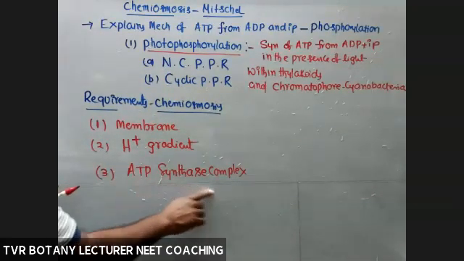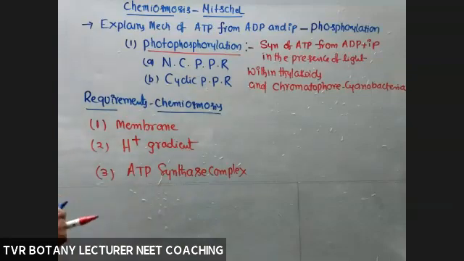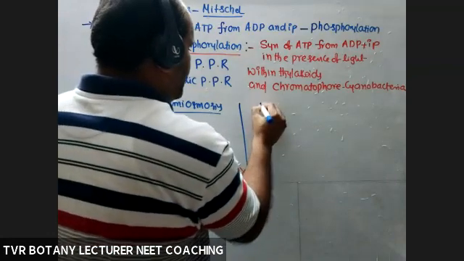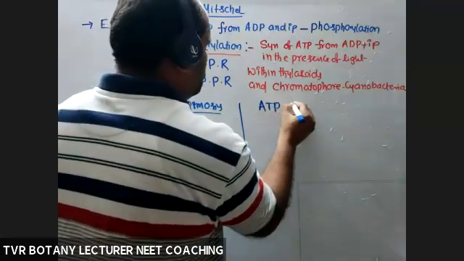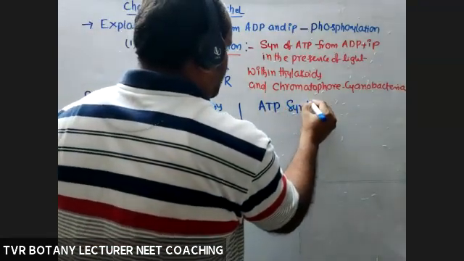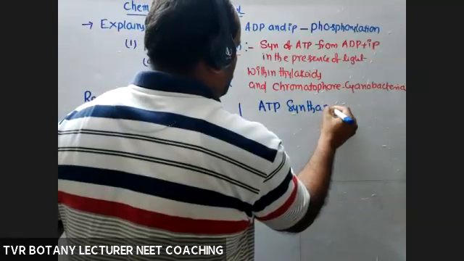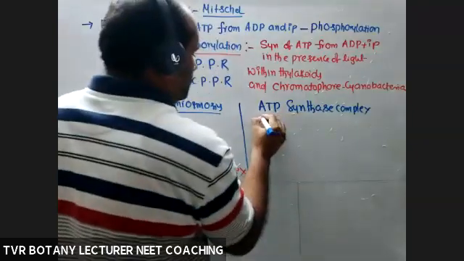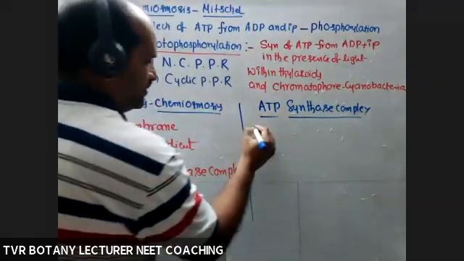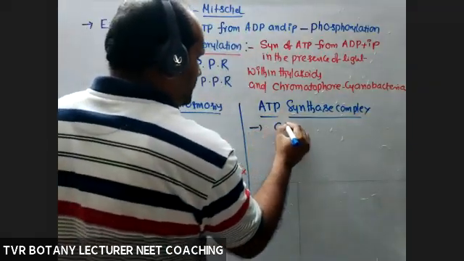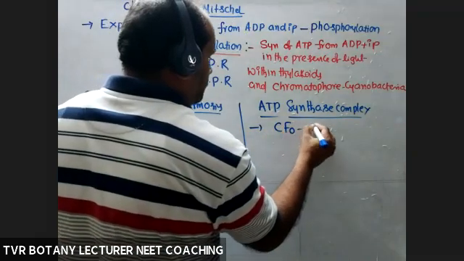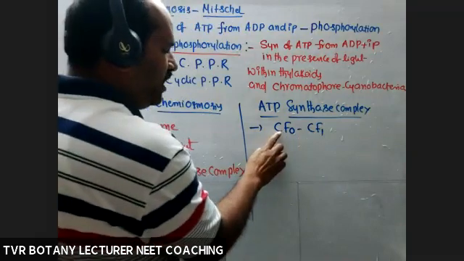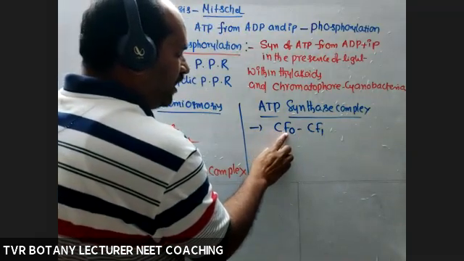Now, what is the ATP synthase complex? This is also called CF0, CF1. What is C and F? Coupling factor.